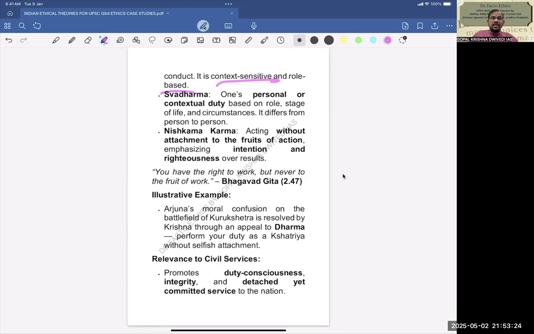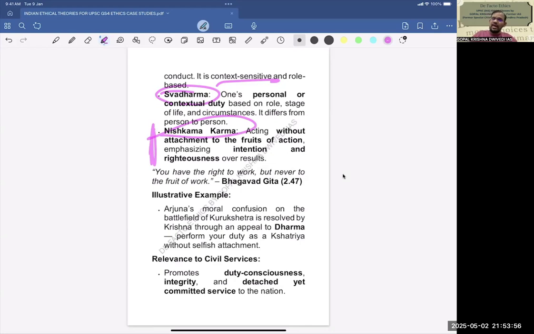Then Swadharma, one's personal contextual duty based on role, stage of life, and circumstances. Then the third is Nishkam Karma, which is acting without attachment to the fruits of action, emphasizing intention and righteousness over results. If you remember, this almost directly correlates with the deontological theory of Immanuel Kant from Western philosophy.